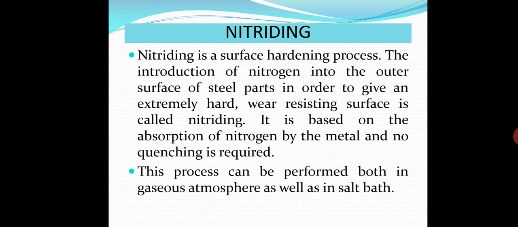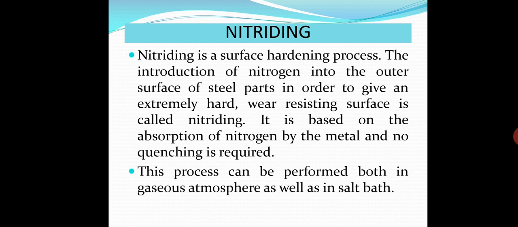Next process is nitriding. Nitriding, like carburizing, is another surface hardening process. The introduction of nitrogen into the outer surface of a steel part in order to give an extremely hard, wear resisting surface is called nitriding.